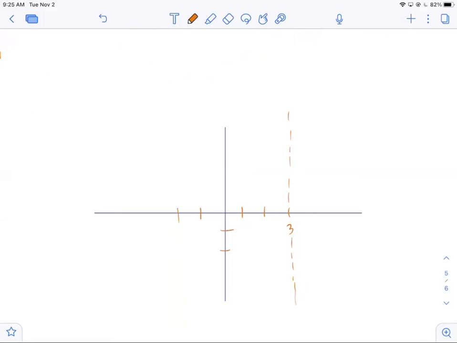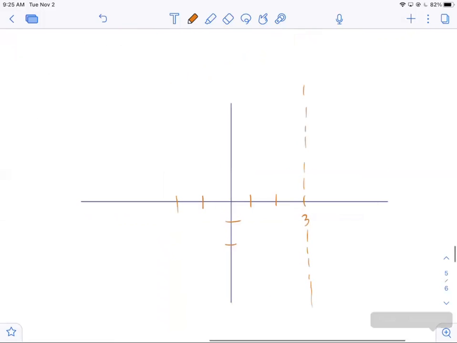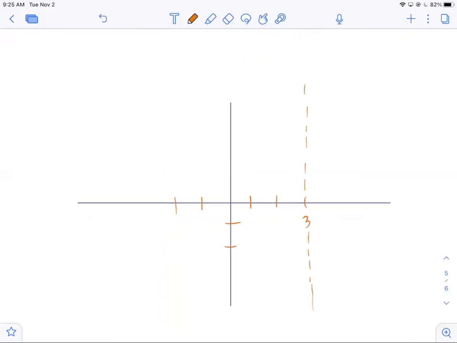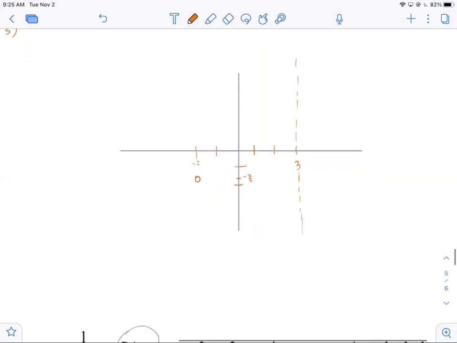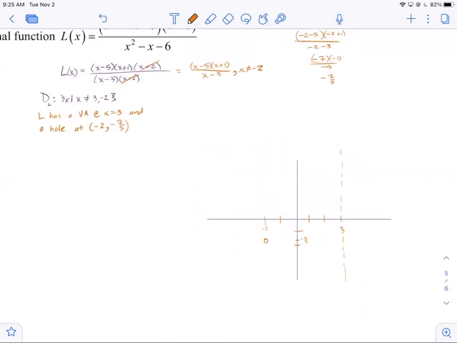It's about what? -7/5 is between which two integers? -1 and -2, right? So somewhere, I'll just put it right here, open circle. And if you want to mark this, you could just say it's -7/5. Okay, that'll work. All right, awesome.